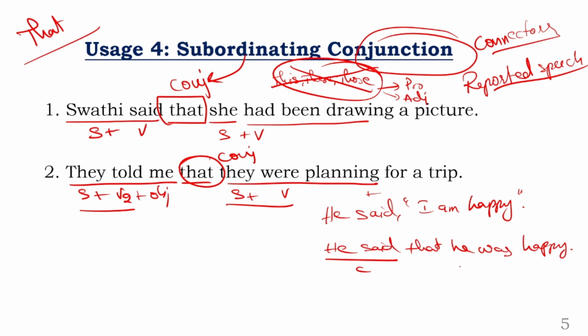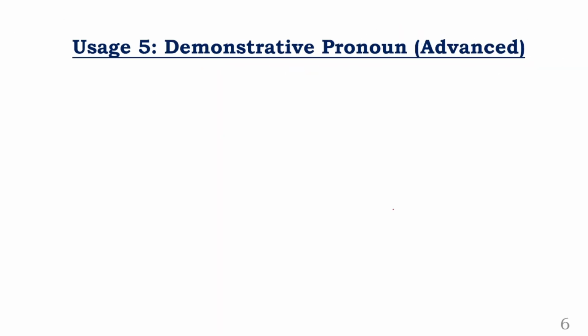He said is clause number 1, he was happy is clause number 2, both of these are combined with that. And the first one is direct speech, the second one is reported speech. This is what happens when you change the sentence from direct speech to reported speech. So there are different variations of conjunctions in reported speech, and one of the conjunctions is that. You should remember that.